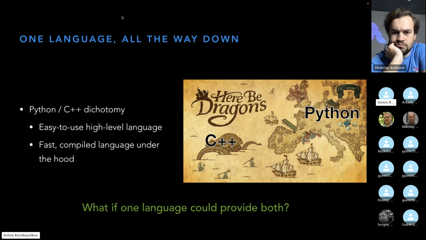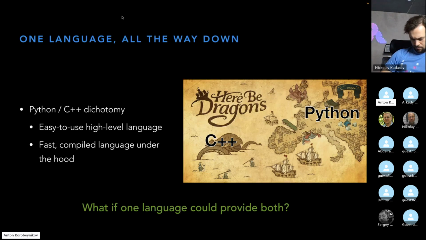On one hand, we would like to have an easy-to-use high-level language, easy to write, with a faster turnaround time for different experiments here and there. But on the other hand, we would like to have a fast compiled language under the hood. Python is inherently slow, and usually this is solved by calling all kinds of packages that are in turn implemented with the help of more performant languages like C++ or whatever.